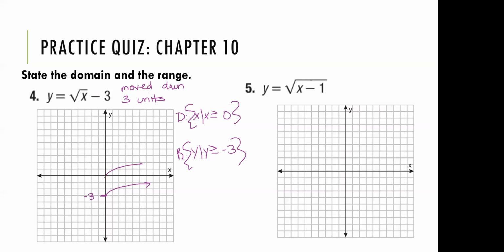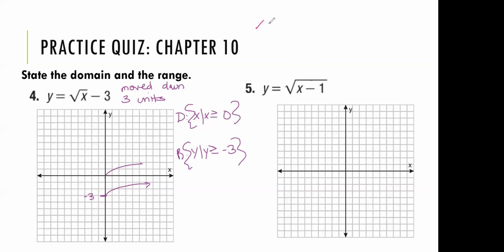All right, and then we have y is equal to the square root of x minus 1. Remember that the radicand, what's under the radical, cannot be less than 0.